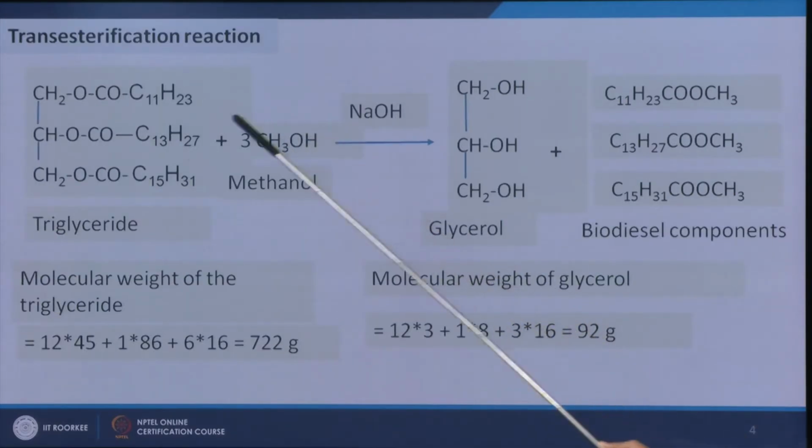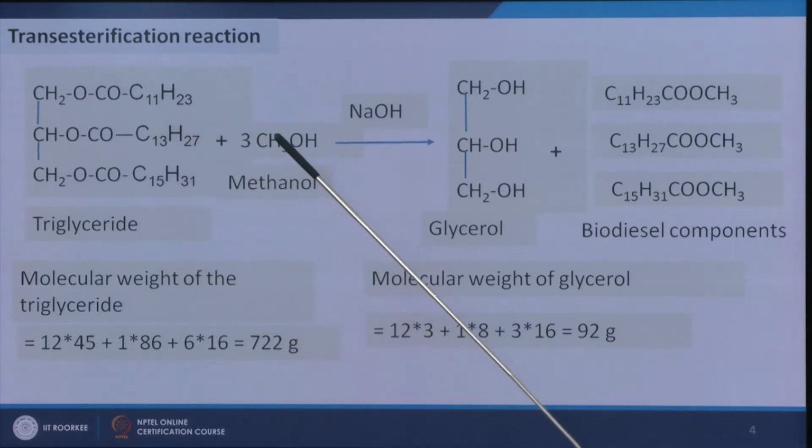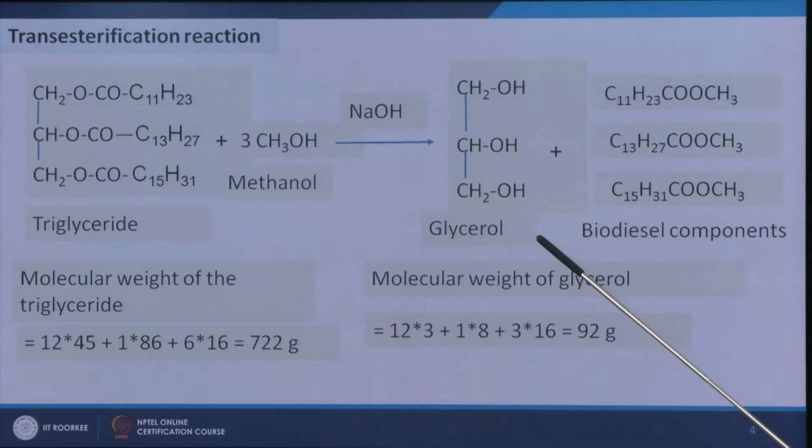So, this is the reaction. This triglyceride reacts with methanol and sodium hydroxide as the base catalyst, as given in the problem statement. We get glycerol and the methyl esters of lauric acid, myristic acid and palmitic acid.